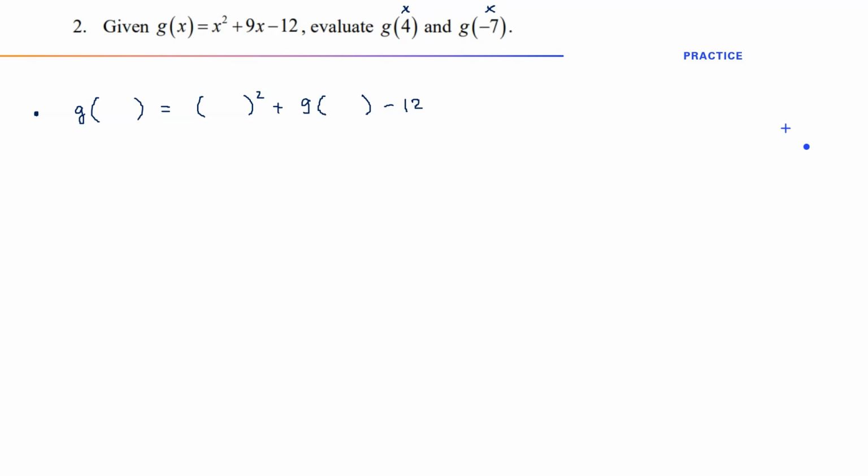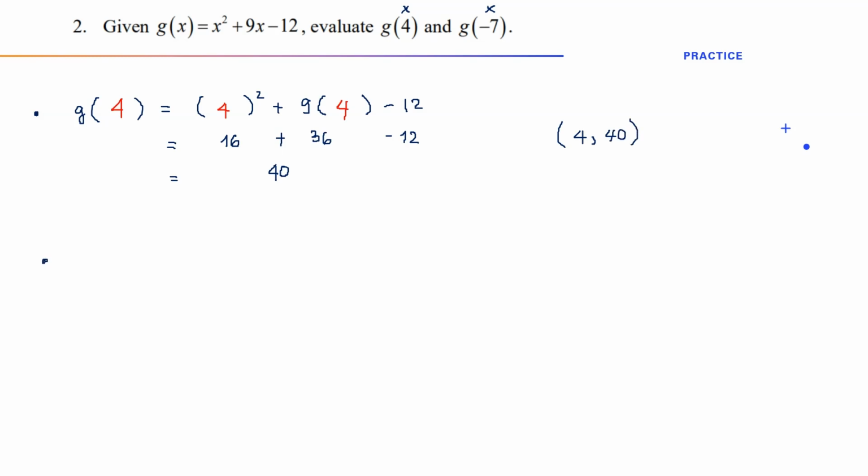We plug in x equals 4, g of 4, we plug 4 into the positions of x, and then simplify it. So that's 16 plus 36 minus 12. That equals 16 subtract 12 is 4, plus 36, 40. Okay, how we write the point is 4, 40.